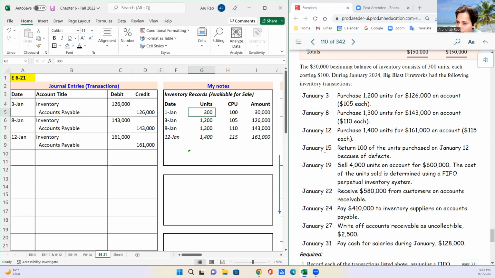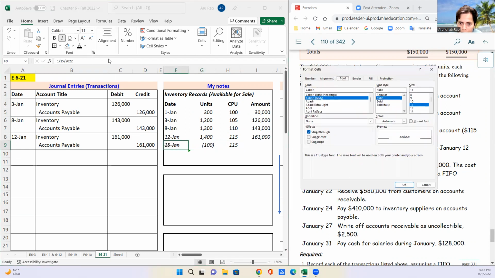On the 15th, I returned 100 units. The 100 units that I returned are the ones I purchased on the 12th. The reason that's important is this cost per unit, 115. So this is the return. Again, I do not need that strikeout, so let me take that off.